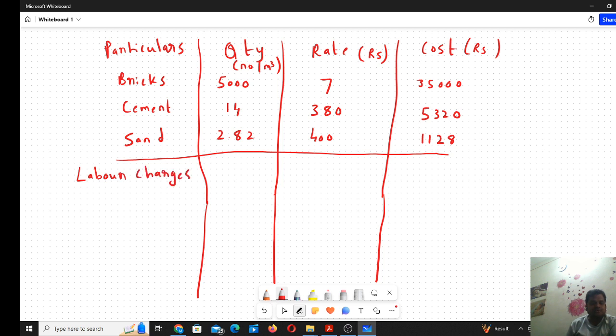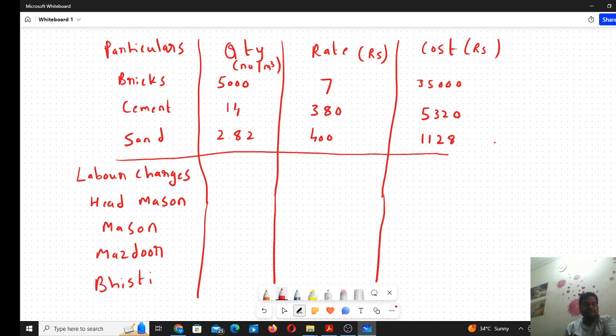When I am looking for labor charges, I require a head mason, then we have mason, then we have mazdoor, then we have bishti. Now these masons and labor depend upon their turnout, which is called task work.